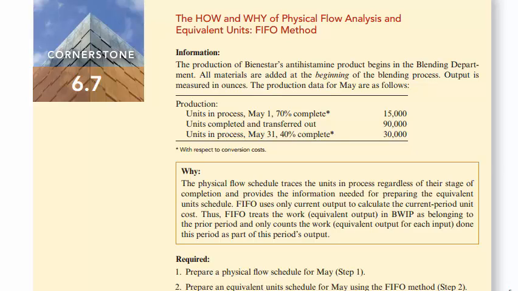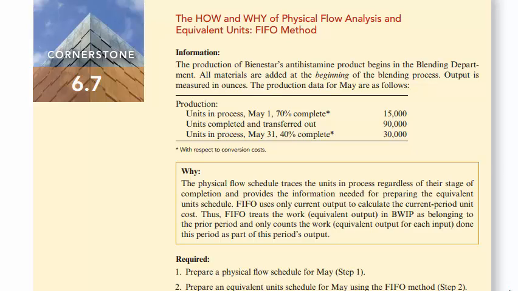Now, the production data that they tell us is that at the beginning of the month, there were 15,000 units in process, and they were 70% complete, and the asterisk says that's with respect to conversion cost.